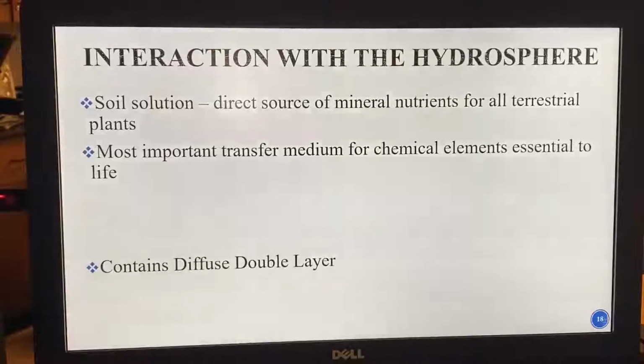Soil chemistry is about the exchange and the interface between the soil solution and the soil physical part, the solid phase, and how water interacts with that piece.